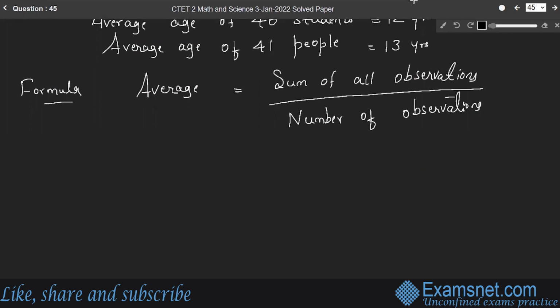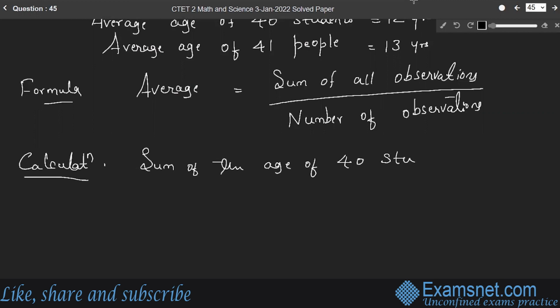So here, the sum of the age of 40 students. So come to the calculation part. Sum of the age of 40 students is equal to, number of students 40 into their average age 12, which is equal to 480.